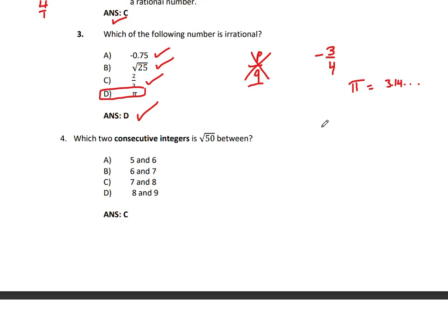Now, the square root of 50 is approximately 7.07. So that's the first thing we need to know. We just need to look at the options now and decide which two consecutive numbers 7.07 falls between, and that's clearly between 7 and 8. So the answer is C.